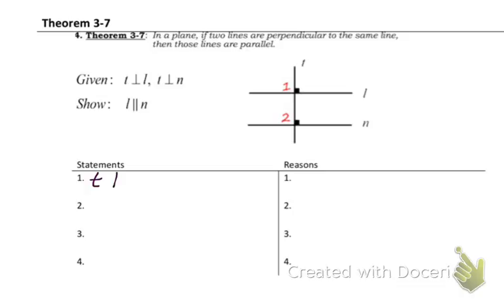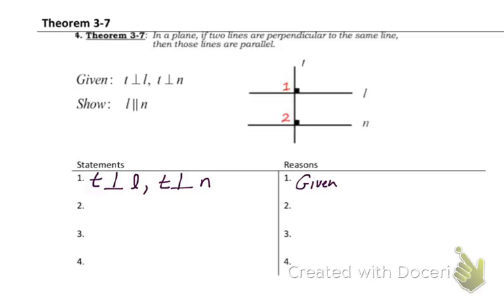We have T is perpendicular to L. We also have T is perpendicular to N. That's my given. Anytime they give me something like that, I want to unpack it. Why is being perpendicular important to angle 1 and angle 2?